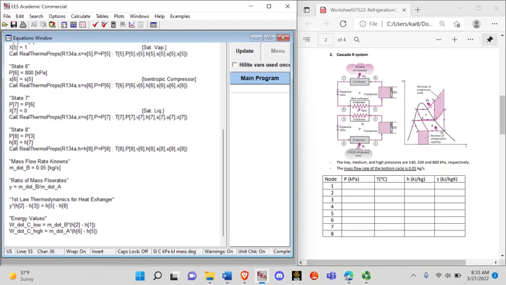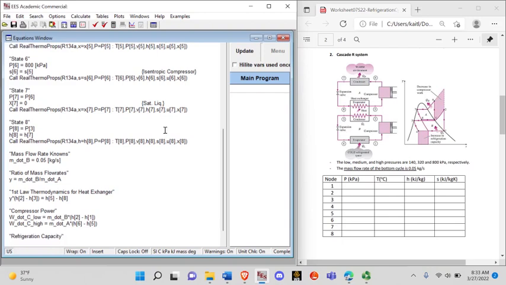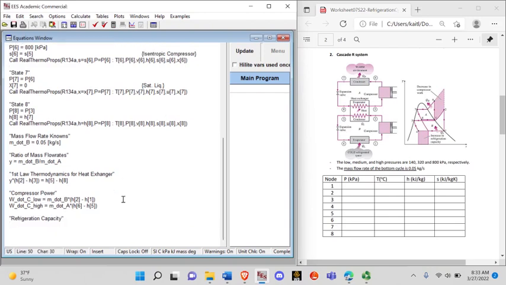Okay. Then we're going to find, so I'll just denote this as compressor power. And this is refrigeration capacity. This will be Q dot in low.